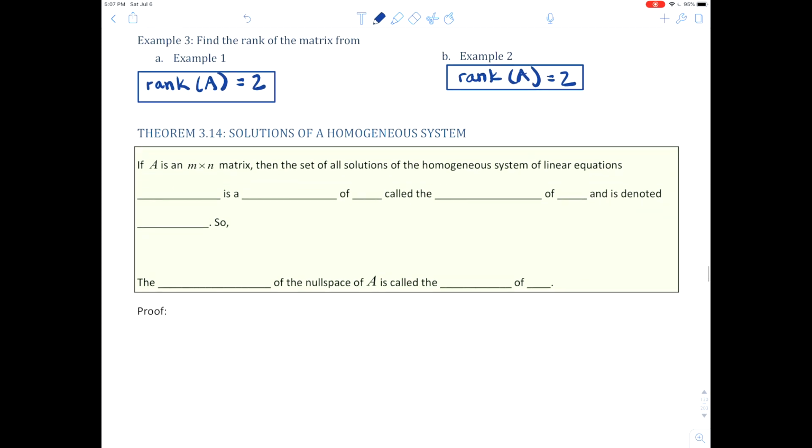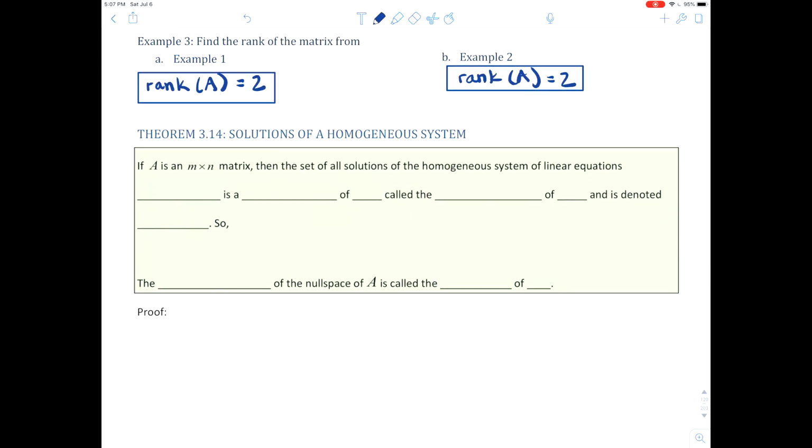All right. Now we get into theorem 3.14, solutions of a homogeneous system.